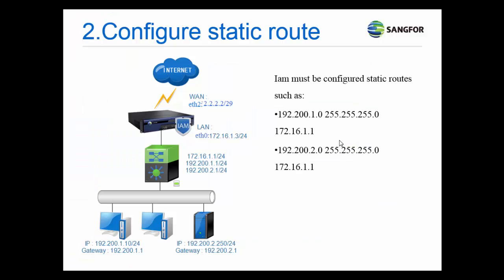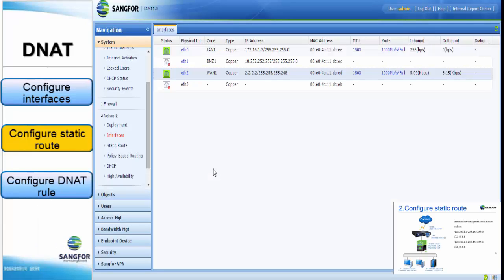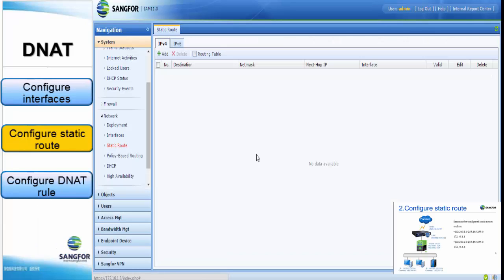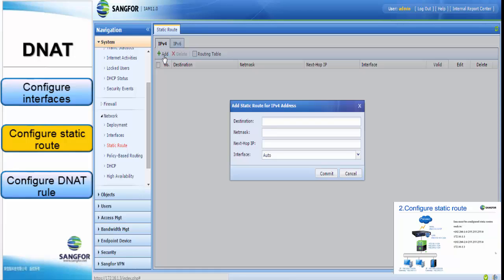IAM must be configured with static routes for the 192.200.1.0/24 network segment and the 192.200.2.0/24 network segment. To configure a static route, click Static Route and then click Add.